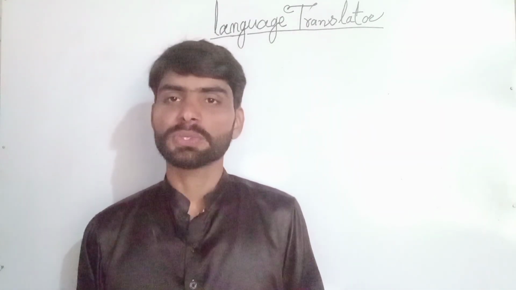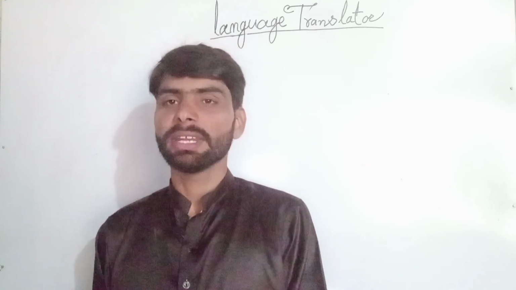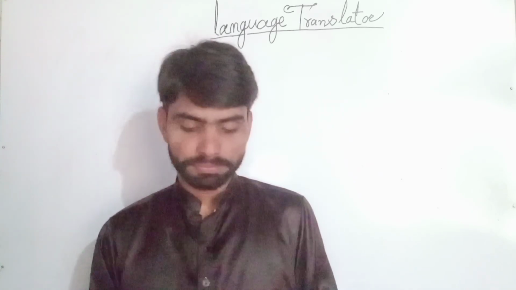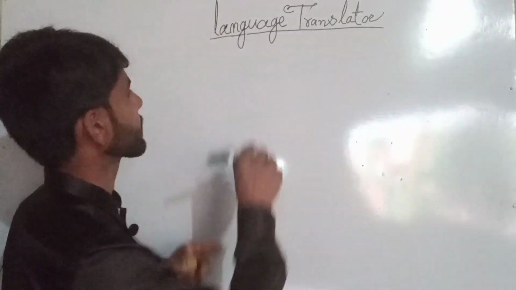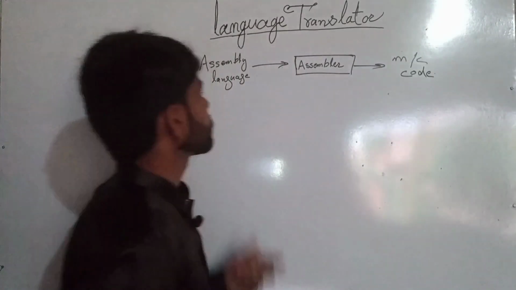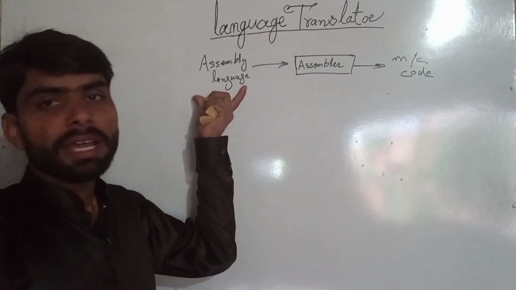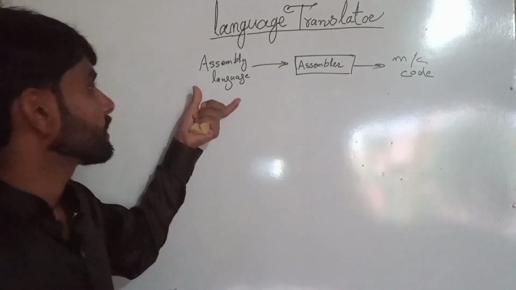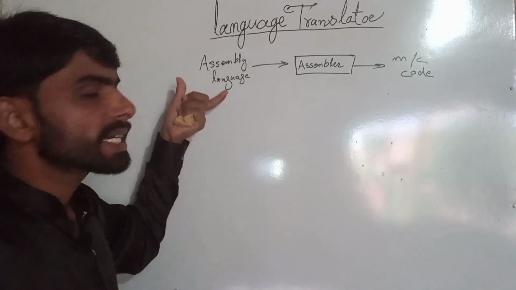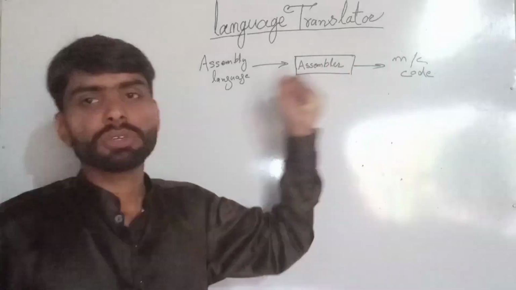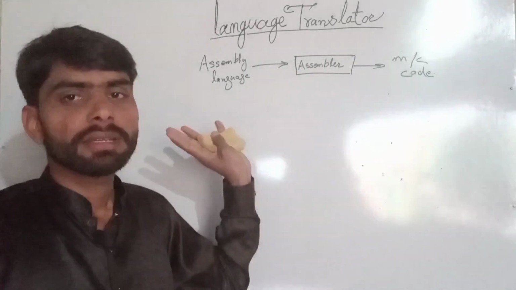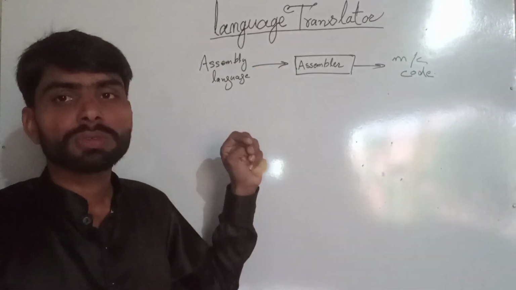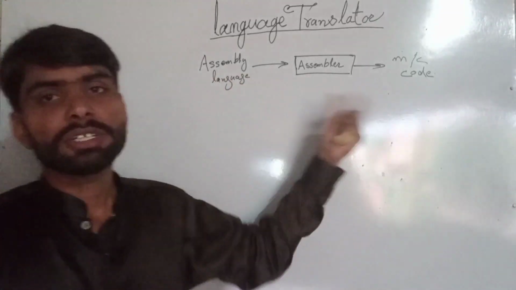Assembler is specially used to convert assembly level language into machine code. This is assembly level language, and the assembler is going to convert it into machine code.